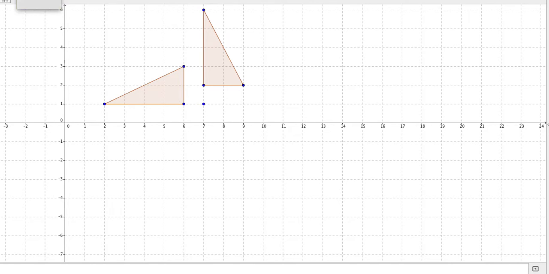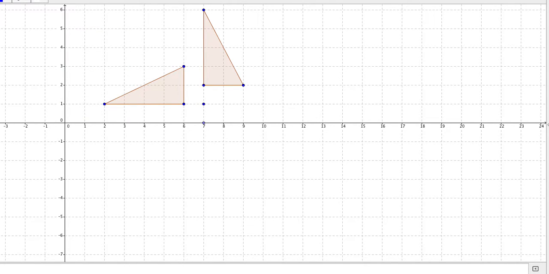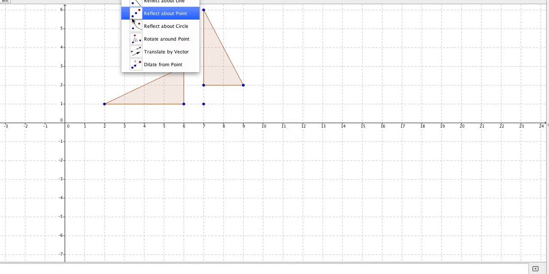Let's make a point right here. And let's rotate this again. Get that triangle. There you go. And we want to rotate it.